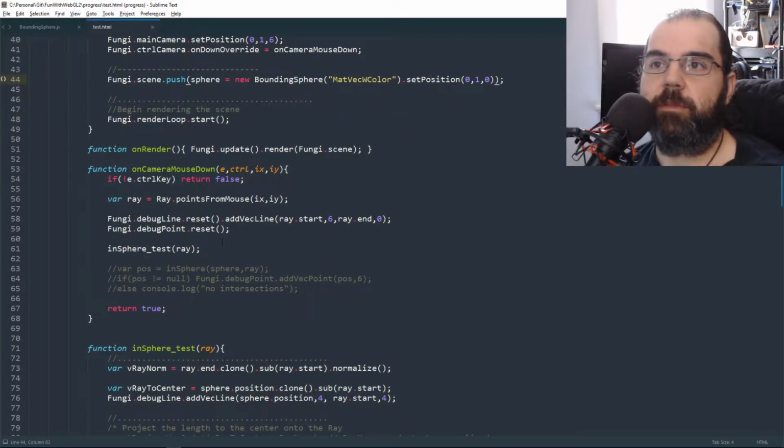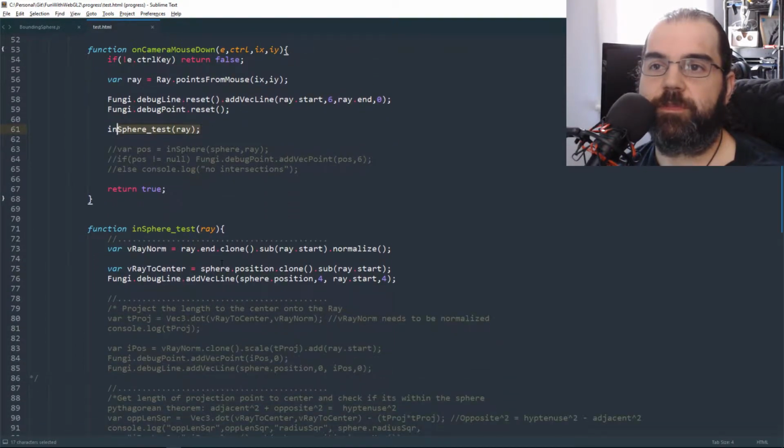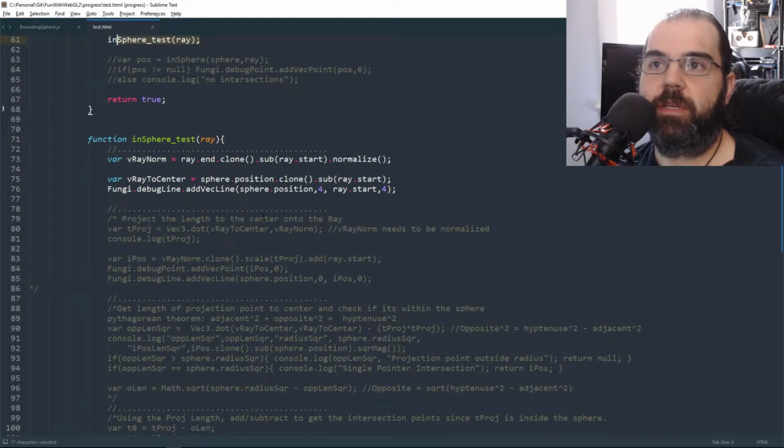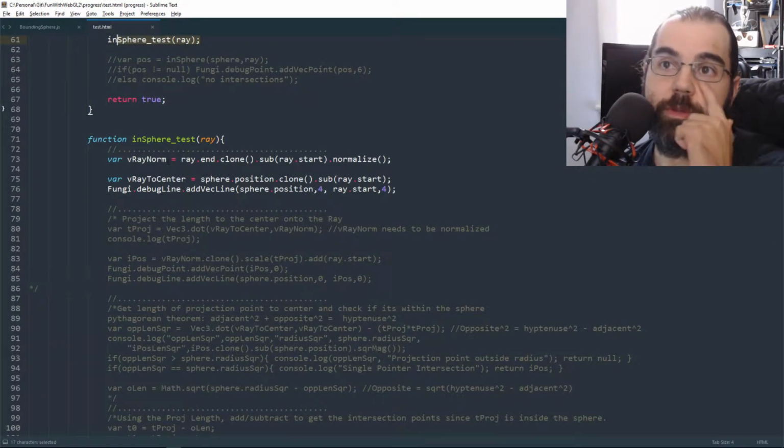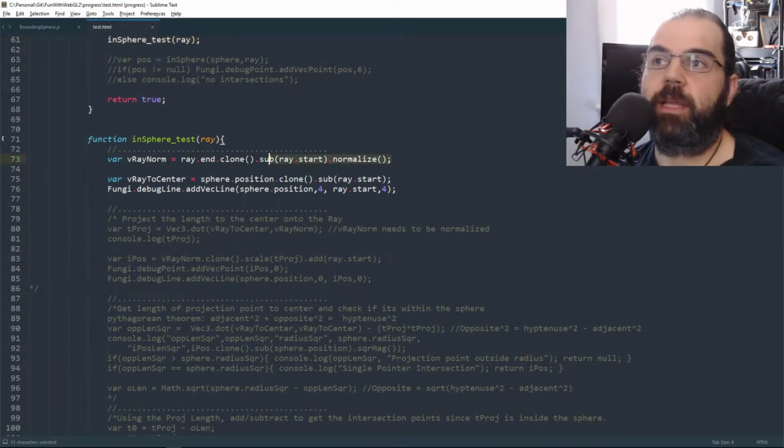On camera, we're going to do the same thing we always do. We get our array, and we're going to use our sphere test. To start off with, we're going to calculate our array normal. Again, this should be done in some kind of array object. In a future lesson, probably the last video, I'm going to start putting together the right way of doing intersections.